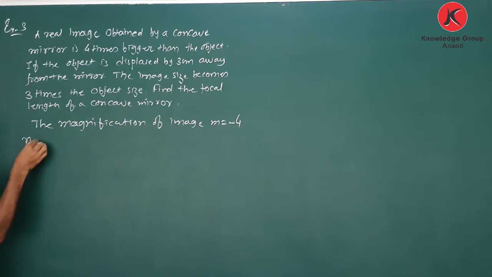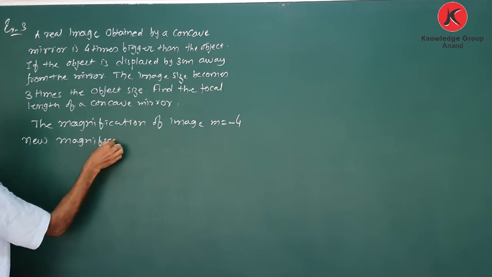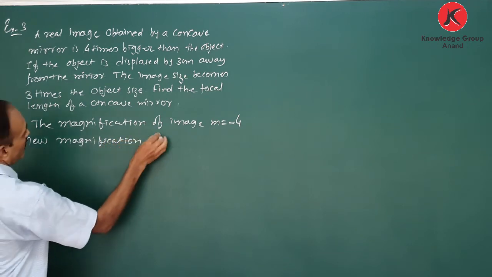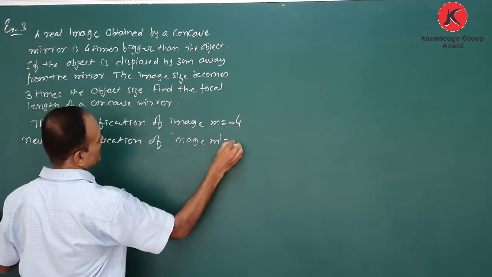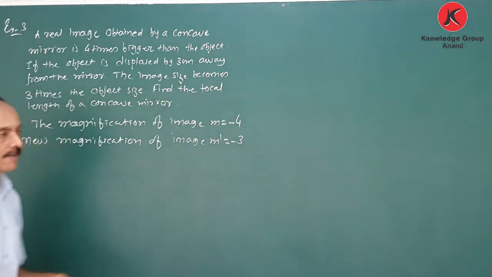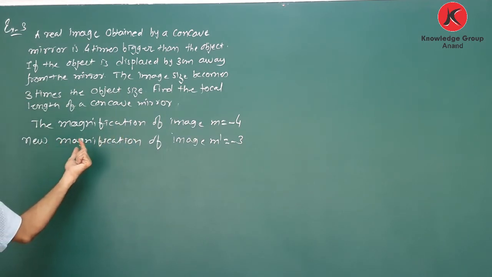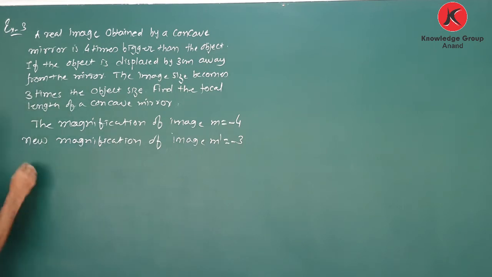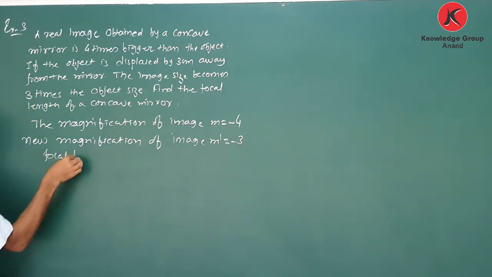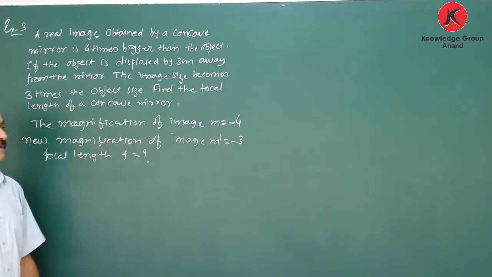The new magnification of the image, m dash, is equal to minus 3 times the object size. That means as the object is moving away, the magnification is reduced. We have to find out the focal length f.